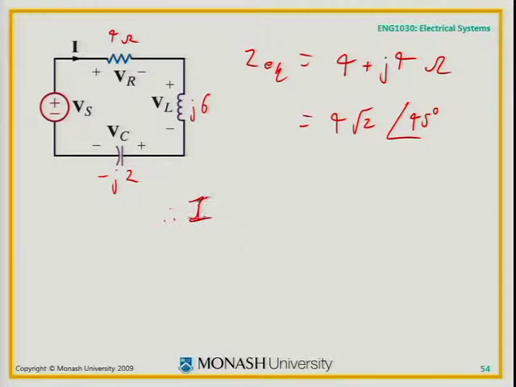I just converted from Cartesian form to polar, but it happens that 4 plus j4 is an easy one to do. Because if I have two sides at 4, I know the square root of 4 squared plus 4 squared is 4 root 2, and the angle has to be 45 degrees. It's tan inverse 1, which is 45 degrees. That's just one of the easier ones to do.